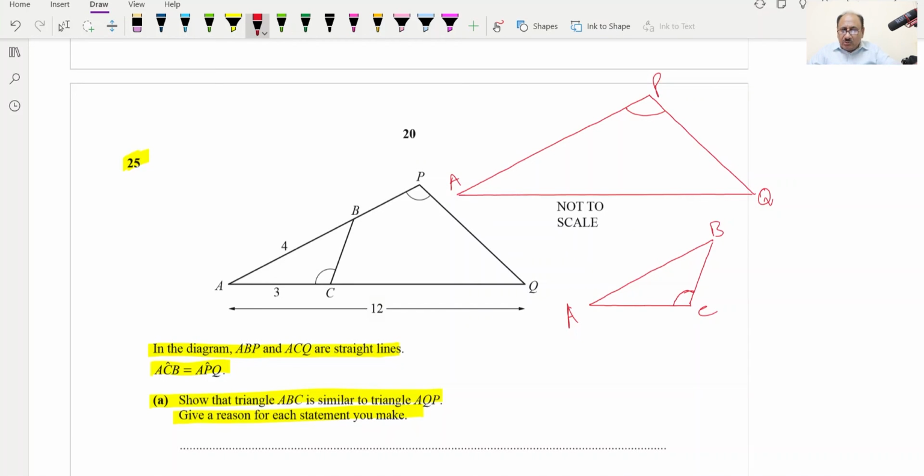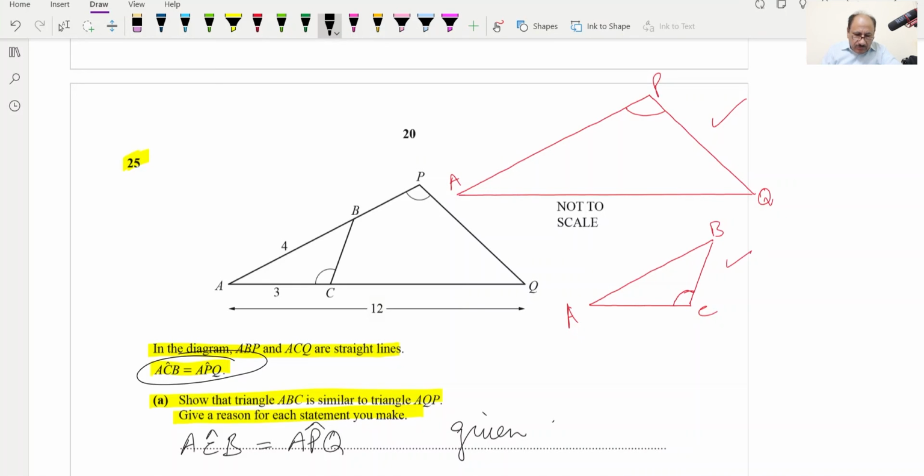Now in these two triangles we have to prove that this triangle and this triangle are similar. So now angle ACB is equal to angle APQ, so we can write over here ACB is equal to APQ, and this is given in the statement over here.